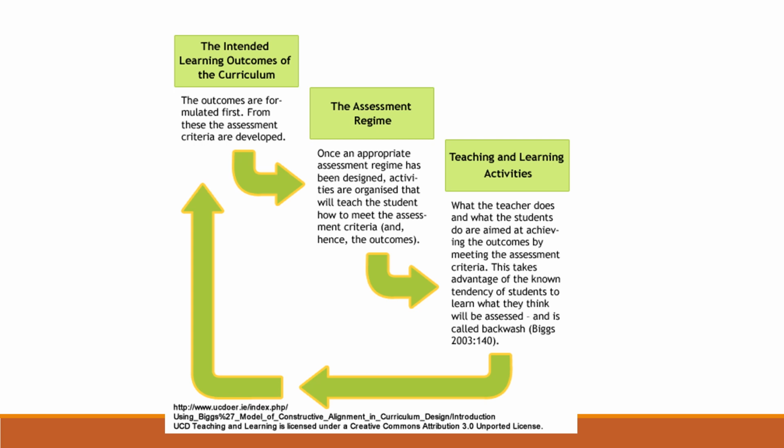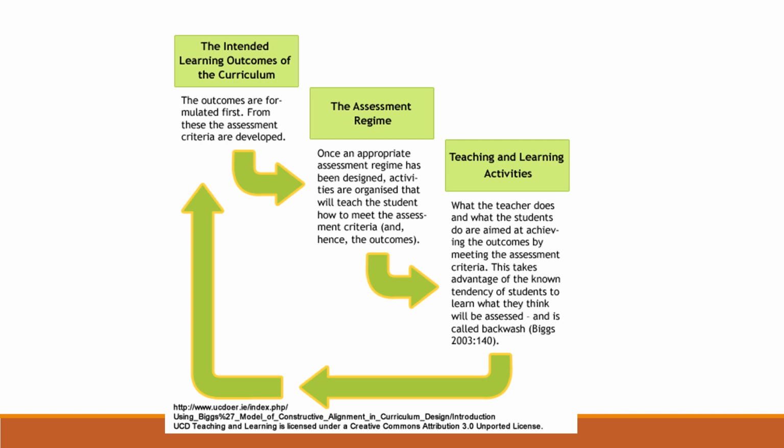Now, the intended learning outcomes of a particular curriculum are formulated first. When you have formulated the learning outcomes, you know what you want the student to do, you know what you want the student to know, then you can design the assessment.